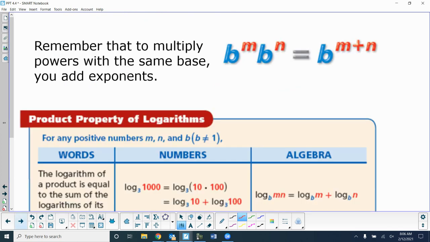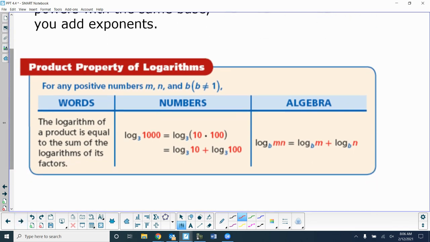All right, so some rules today. You know, when we had x squared times x to the 4th, we added the exponents, it was x to the 6th, right? When the bases were the same. So when you have logs with the same base and you're adding, you can condense it or simplify it into a single log by doing what with those 2 numbers that came after the log?